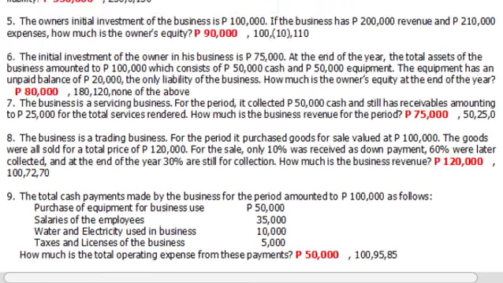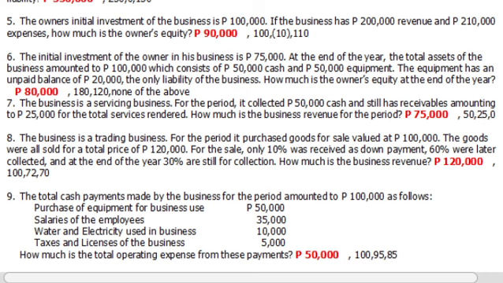So, yung question daw dito, magkano yung ating business revenue for the period? Ang sabi lang naman, nakakolekta tayo ng 50,000 and meron tayong sisingilin pa na 25,000. So, basic, i-add lang natin to.